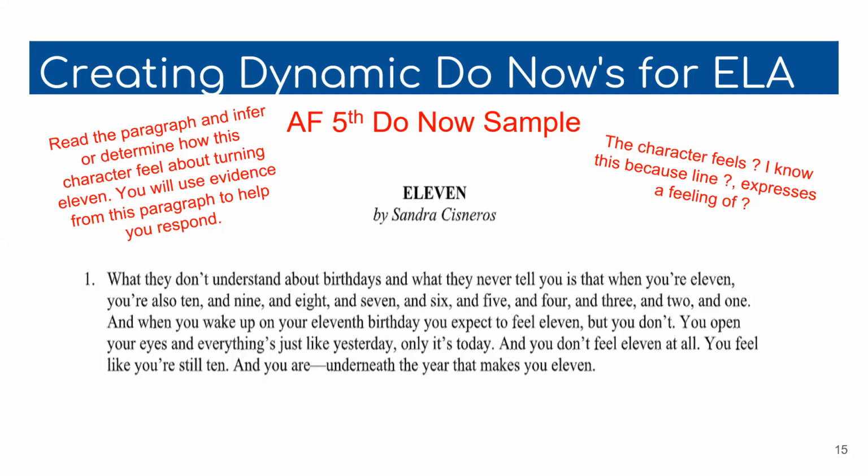The character feels, I know this because line expresses a feeling of, that way they can respond with strength, and it gives them a guideline of how to look at the text being presented. What learner will be most engaged from this do now?